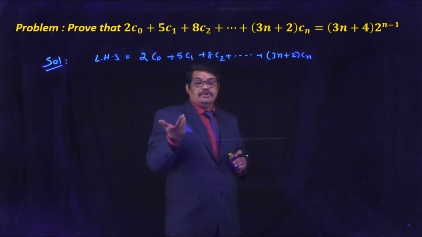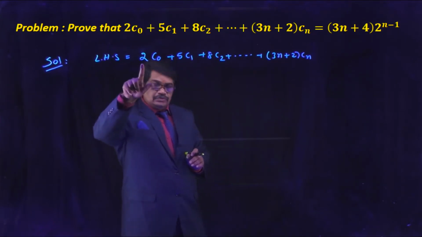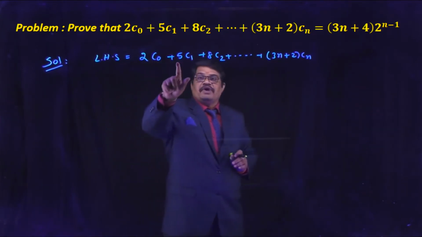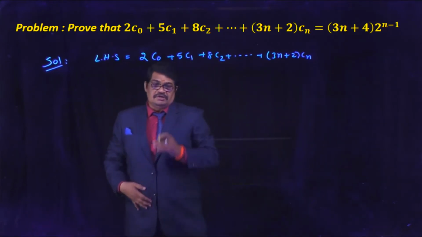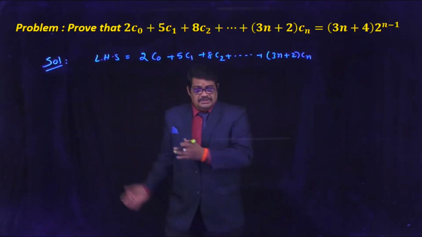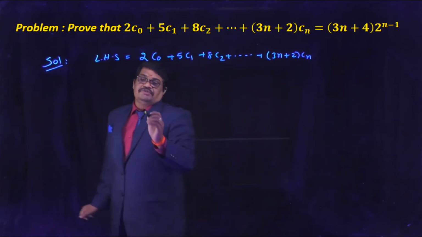So what is the common difference? 5 minus 2, that is 3; 8 minus 5, that is 3, and so on. Now these coefficients are in AP, and we are discussing the formula. What is the formula?